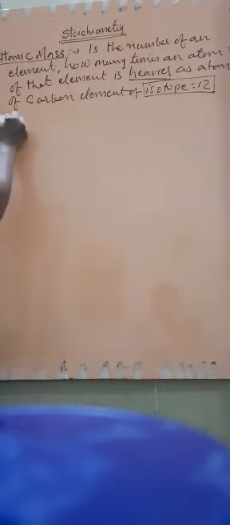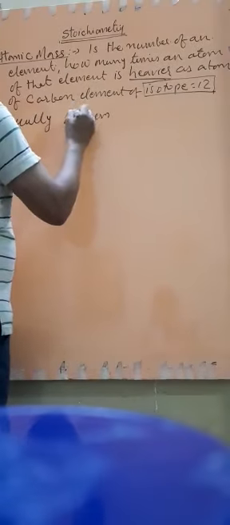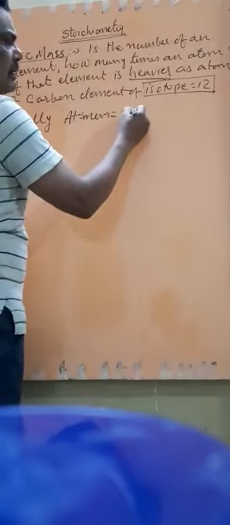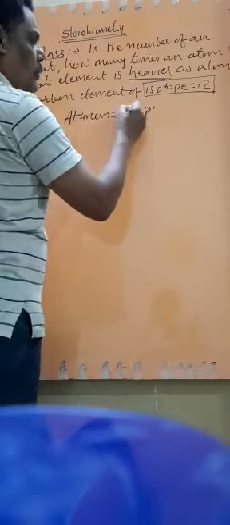Usually atomic mass is equal to the number of neutrons plus the number of protons, because the masses of neutron and proton are given in gram.